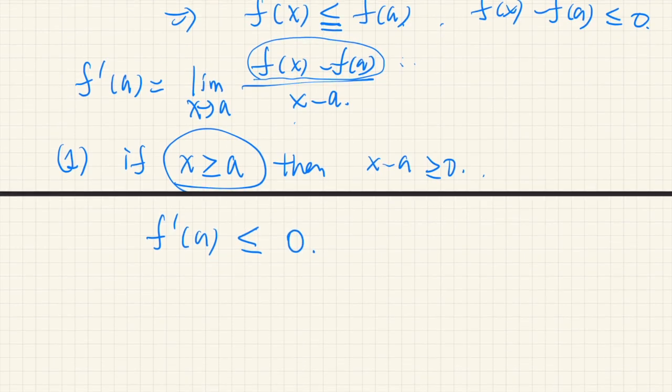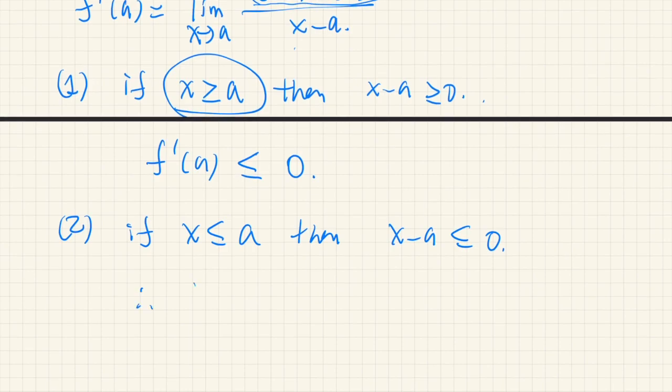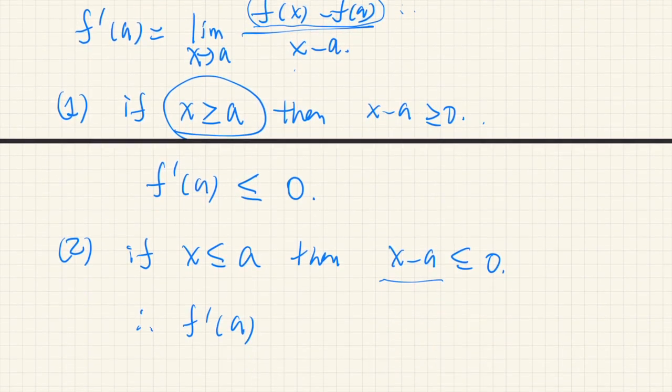Second, if x is less than a, then x minus a is negative. So the denominator is negative and the numerator is non-positive.